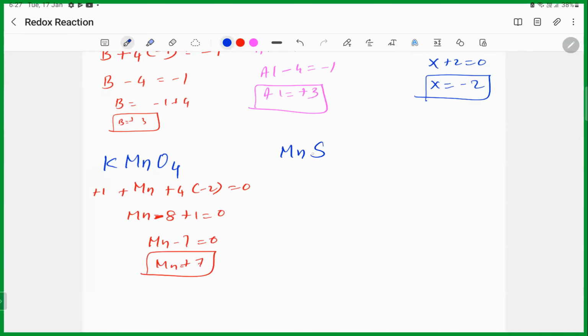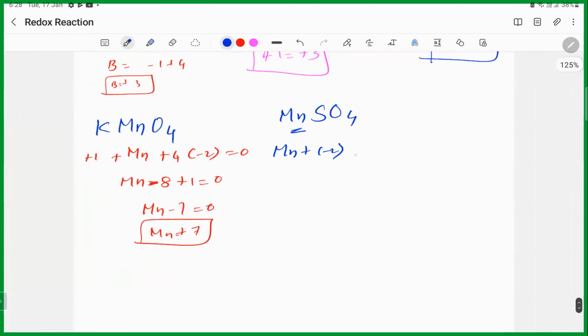MnSO4. You are going to find the oxidation state of manganese. SO4 is -2, so manganese plus (-2) equals 0, and manganese becomes +2.